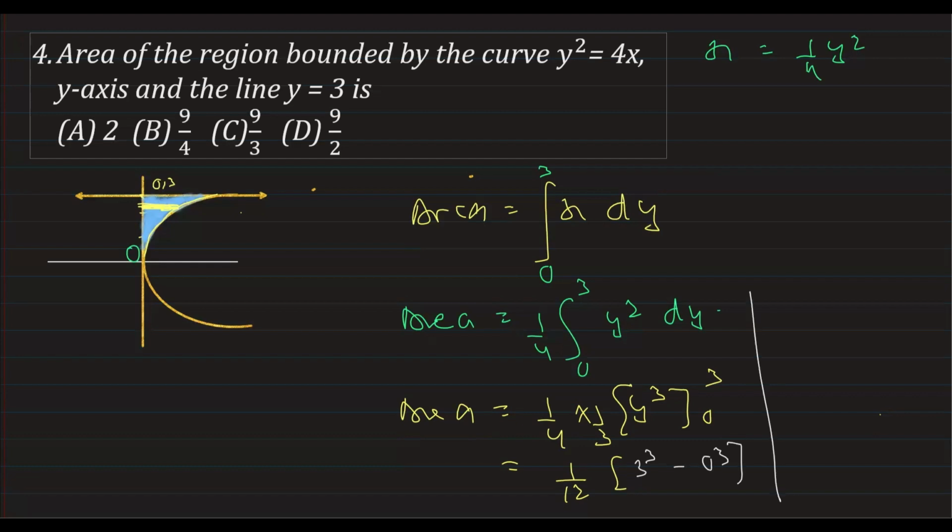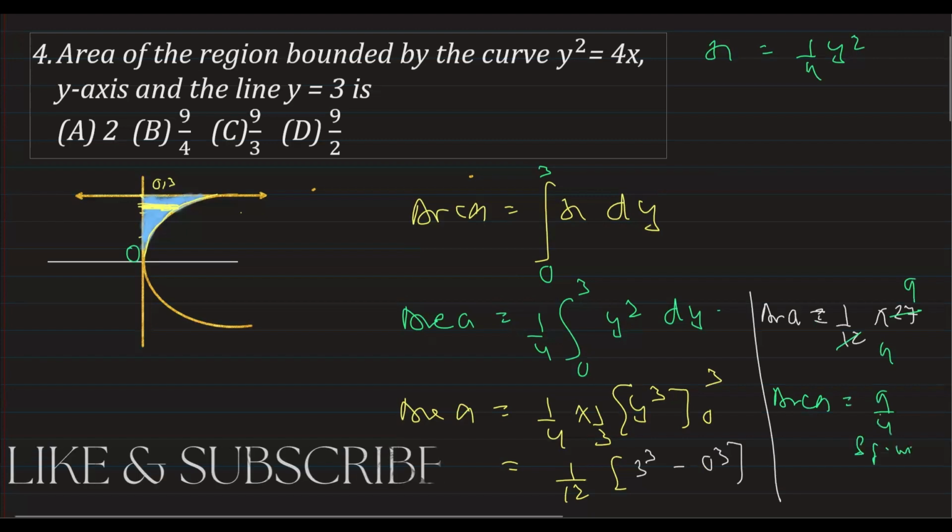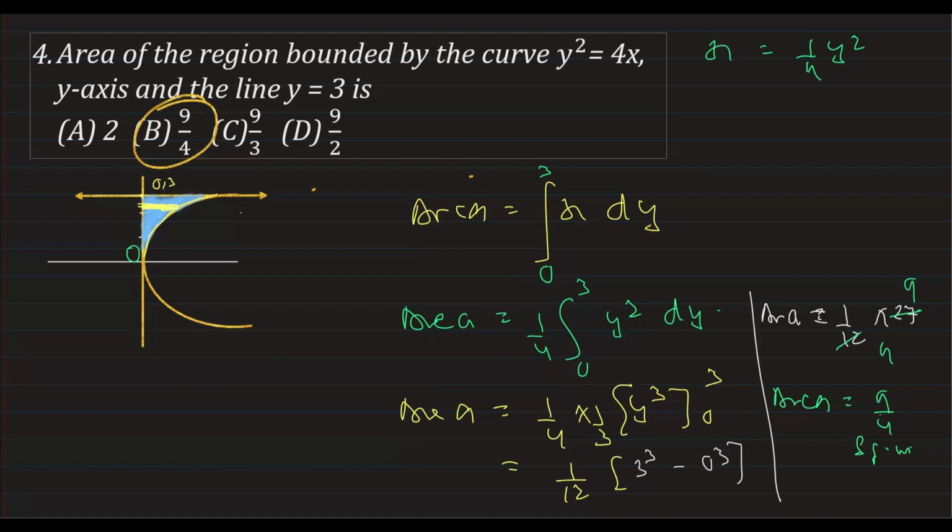So we get the area as 1 over 12 multiplied by 3 raised to the power 3, which is 27. This can be reduced 3 4 times and 3 9 times. So finally the area comes out to be 9 over 4 square unit. Now B is the correct answer, right? So it's B in this case.